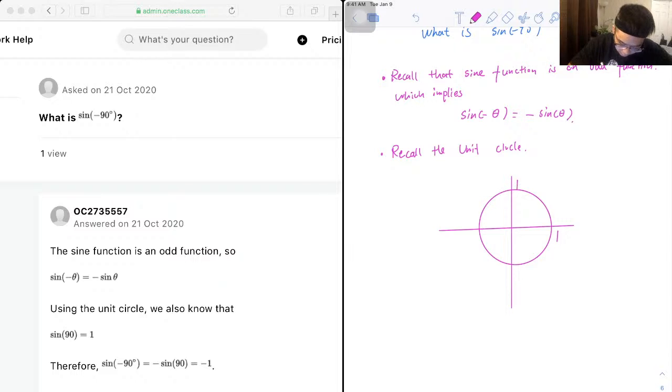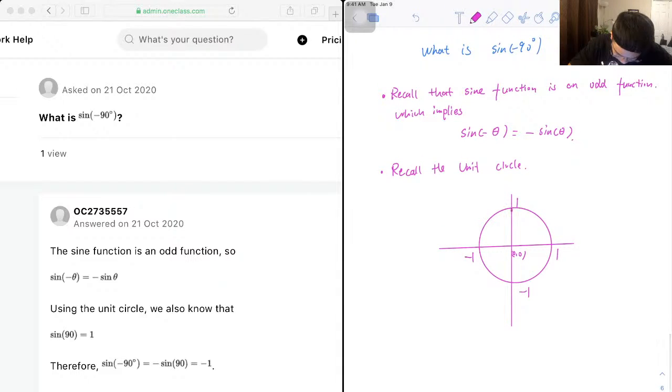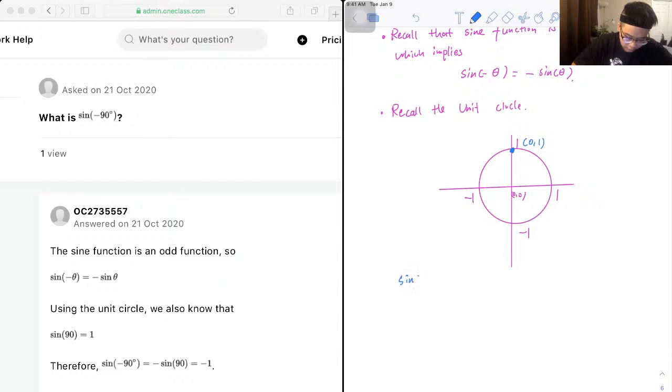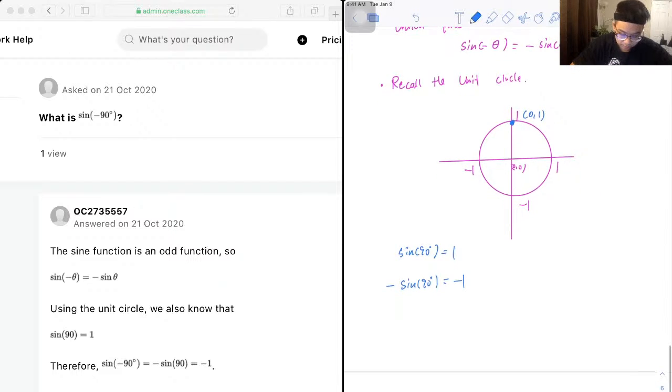So that's 1, 1, negative 1, negative 1, and that's 0, 0. We've got sine 90, so we've got 90 degrees, which is right here. And at this point, the coordinate is 0, 1. Thus, sine 90 degrees is equal to 1. And therefore, negative sine 90 degrees is equal to negative 1.